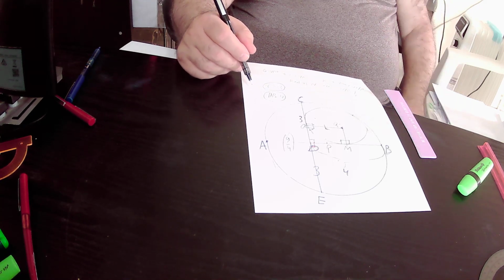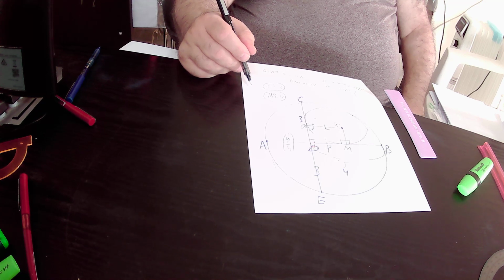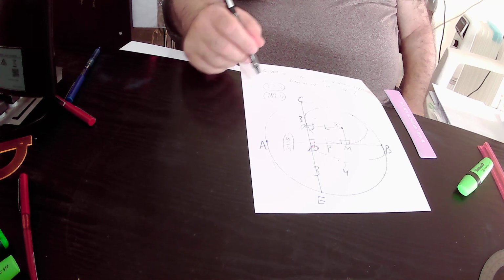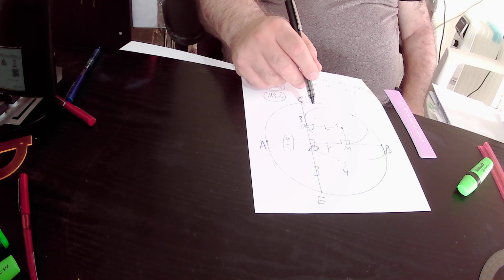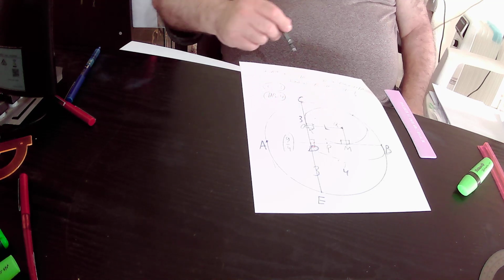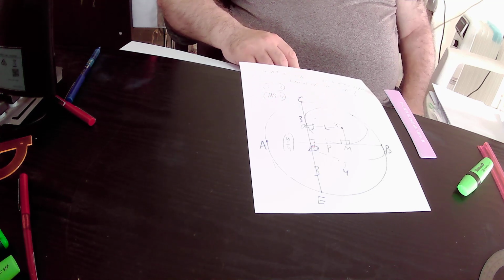So actually, I found out that in quadrilateral OQDM we have 1, 2, 3 right angles. I will write it down.